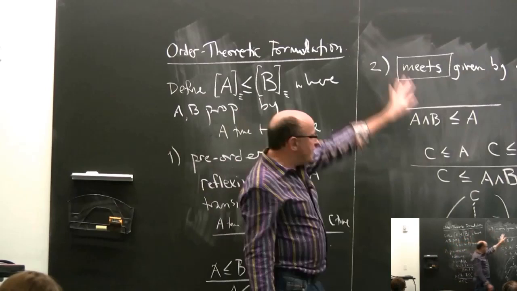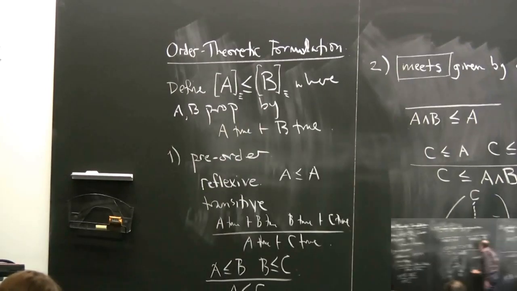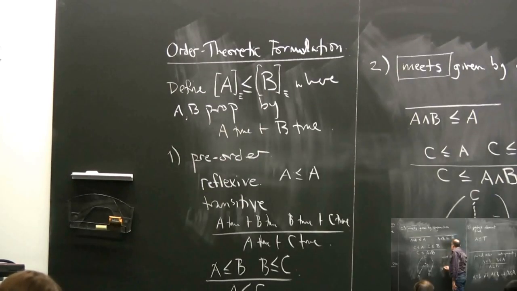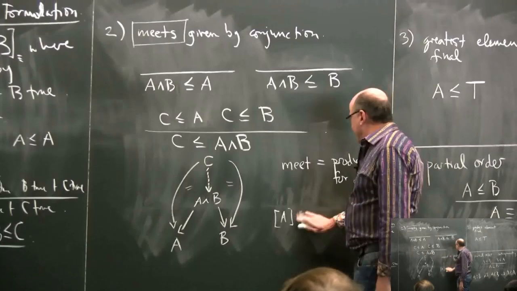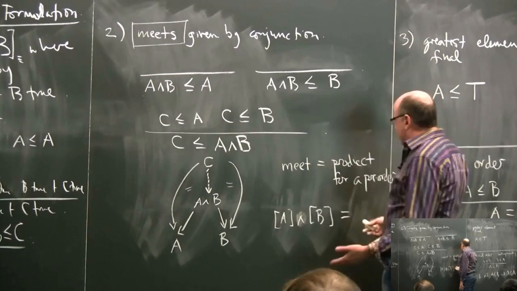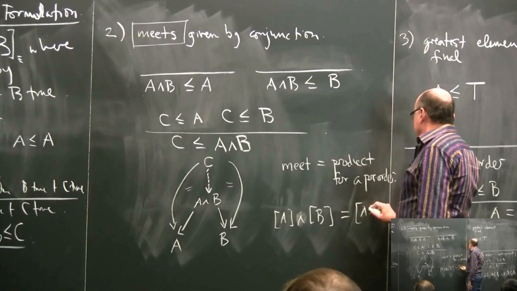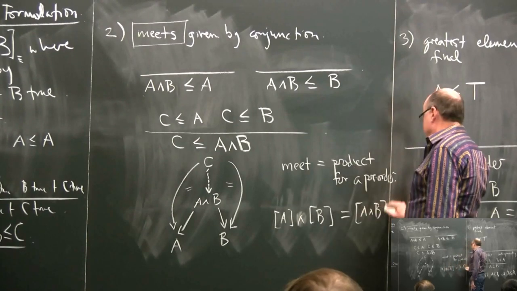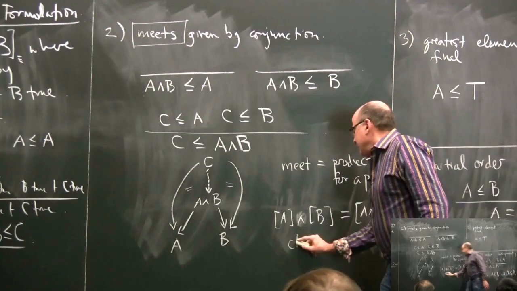And then what this is saying is that the product, if you will, or the meet if we want to write it in that notation, the product of two equivalence classes, it's a theorem, is given by the equivalence class of the conjunction. And you can check this, okay?